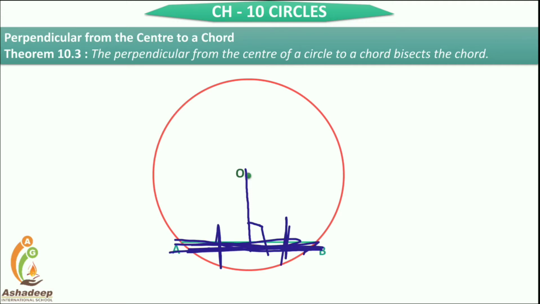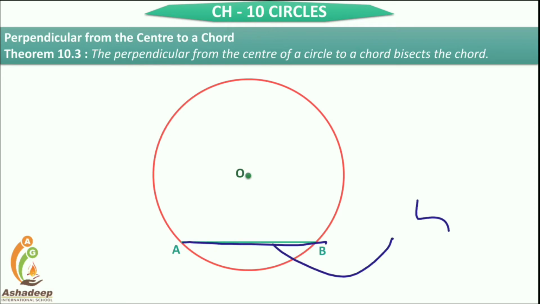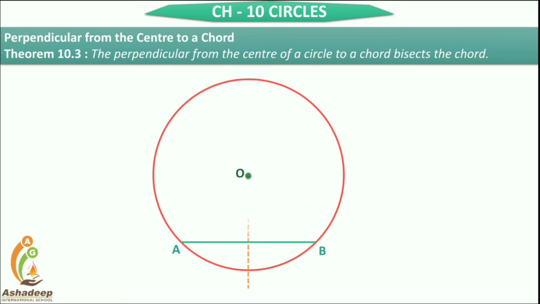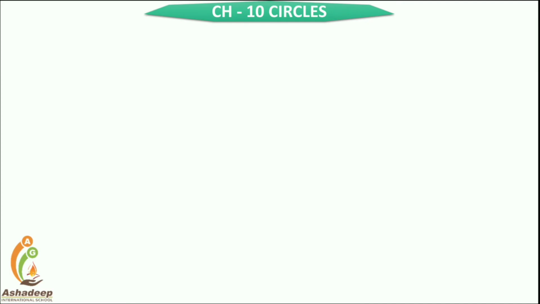That means if the whole AB is 50, and I draw such a perpendicular line, then this portion will be 25 and this portion will also be 25. If I write M here, then OM perpendicular to AB means it bisects AB. OM bisects AB. If the whole is 50, it will be two parts of 25. AM equals BM equals 25. Okay, so this is the perpendicular line OM, and now AM is equal to MB.